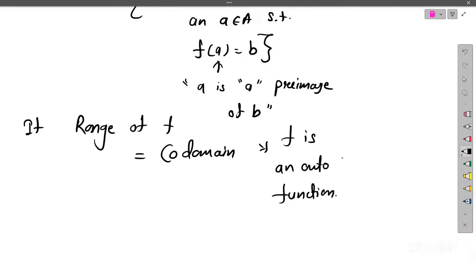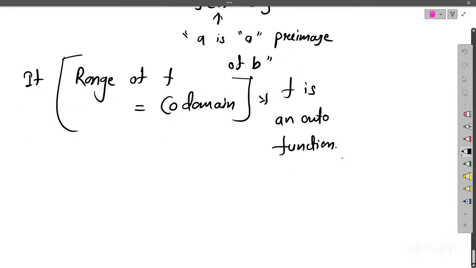That means every element of B has some pre-image, so there is an input we can associate with any element of the codomain.